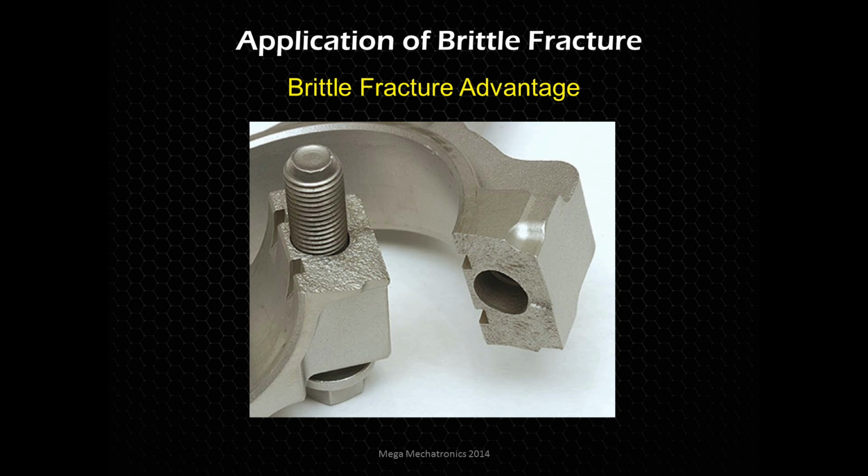So the advantage is a very stable mating surface. When you put these back together, and when the engine's under load and it's vibrating and things like that, these caps are going to be perfectly aligned, and nothing's going to change that. If you torque it down to the right spec, it's going to be very stable.